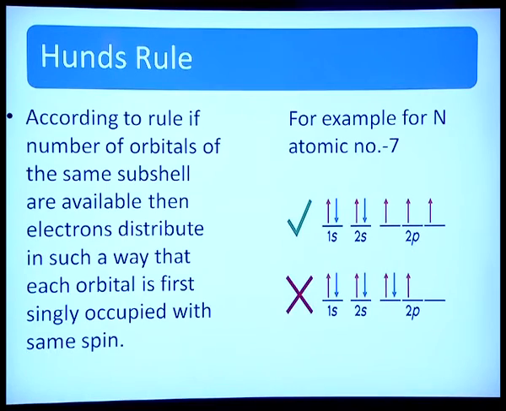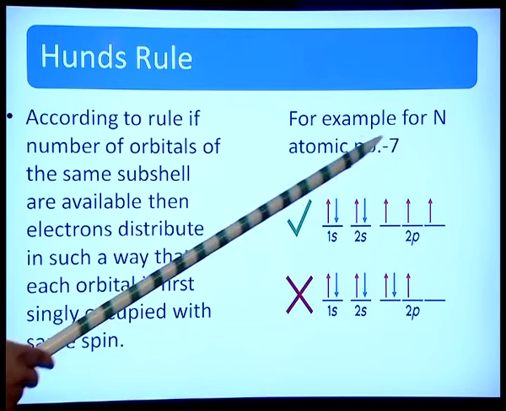This is given by Hund's rule, and this rule says that if a number of orbitals of the same subshell are available, then electrons distribute in such a way that each orbital is first singly occupied with the same spin.